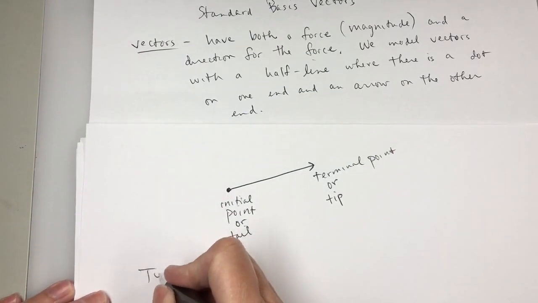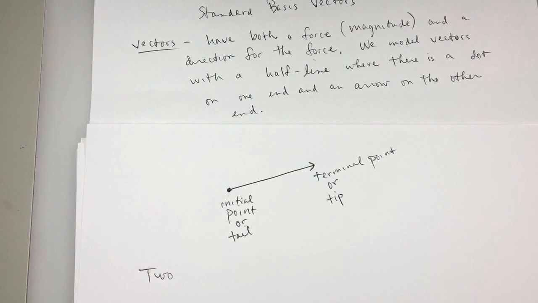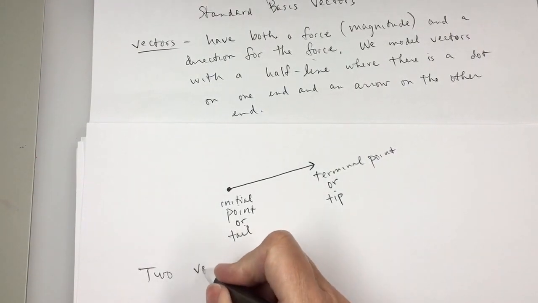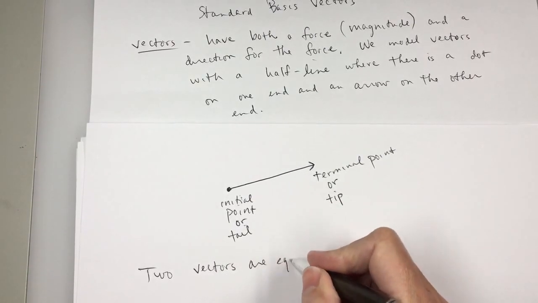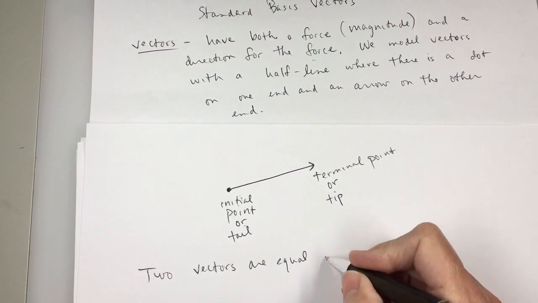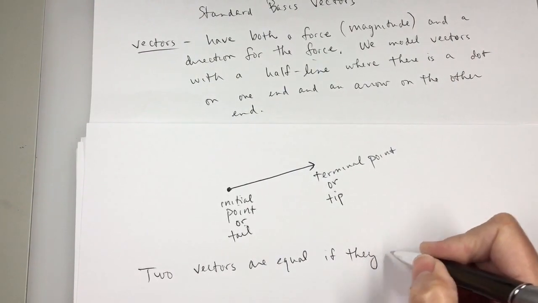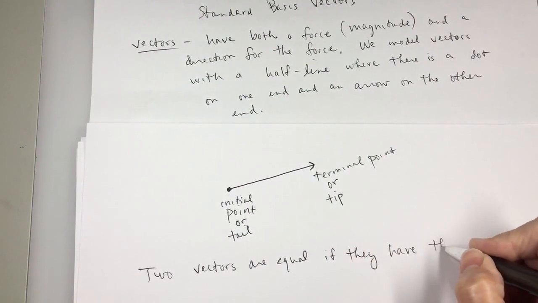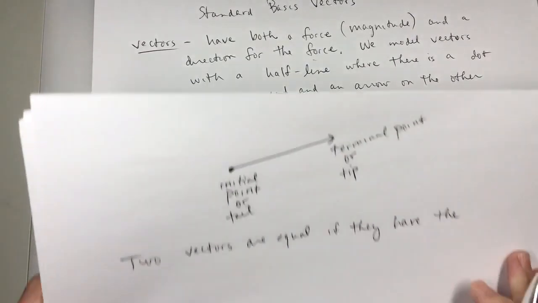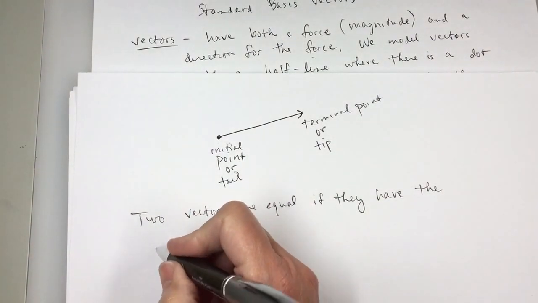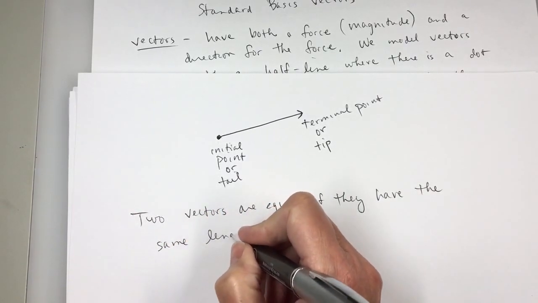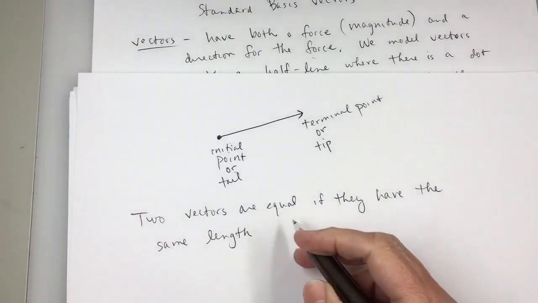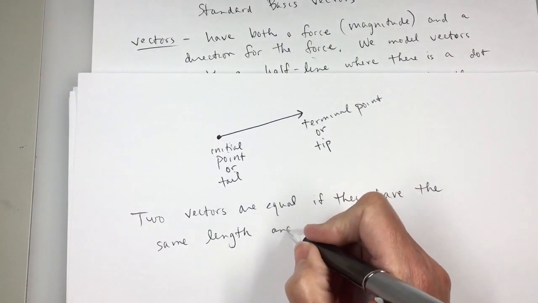So two vectors are equal if they have the same magnitude, which is the length. The same length and the same direction.